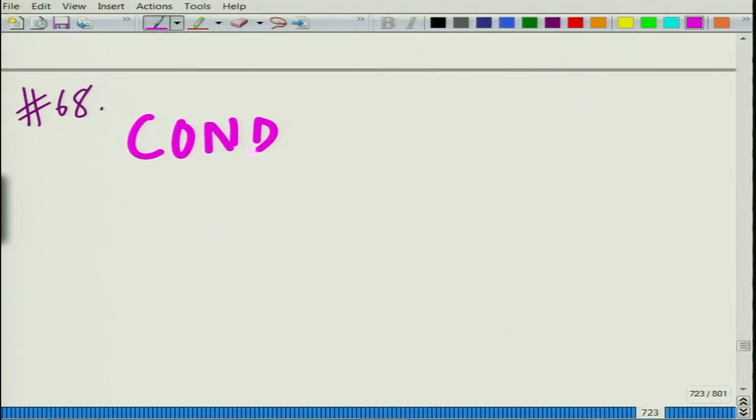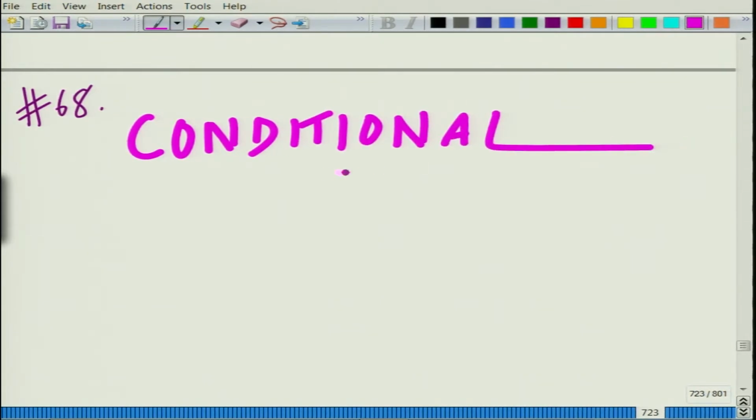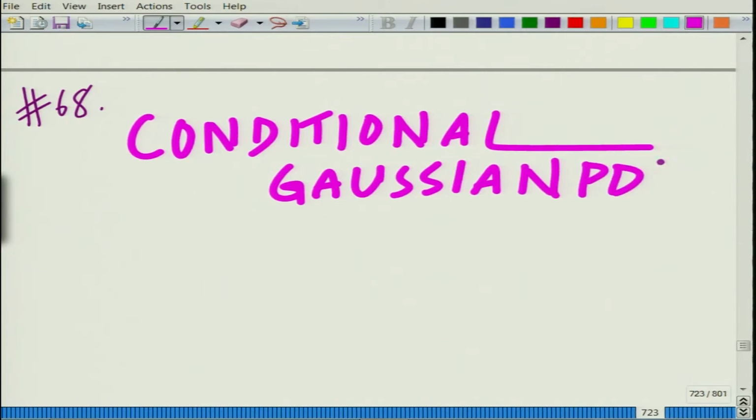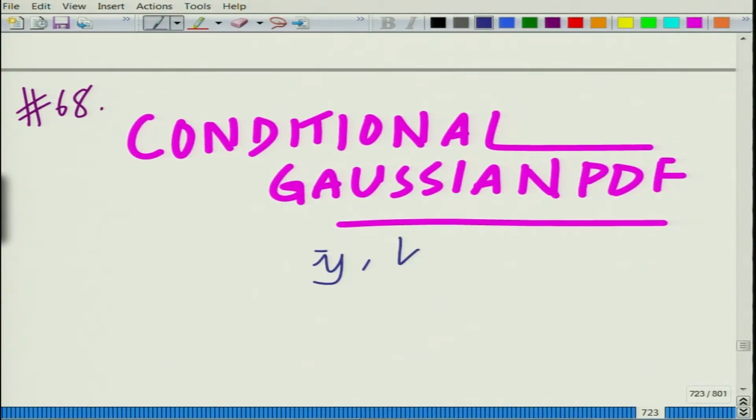So, we are looking at the conditional Gaussian probability density function, and let us continue our discussion. One of the important concepts of linear algebra is the conditional Gaussian PDF, and we are specifically looking at a scenario where you have two quantities y bar and h bar that are jointly Gaussian.